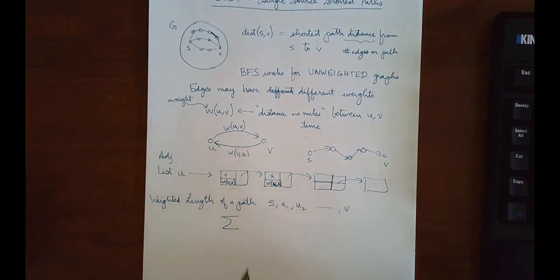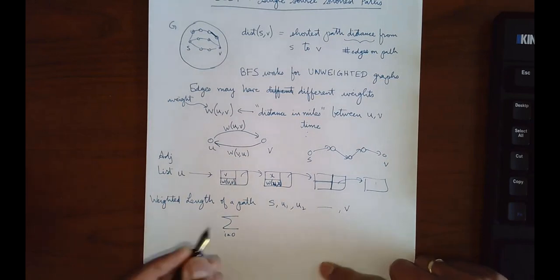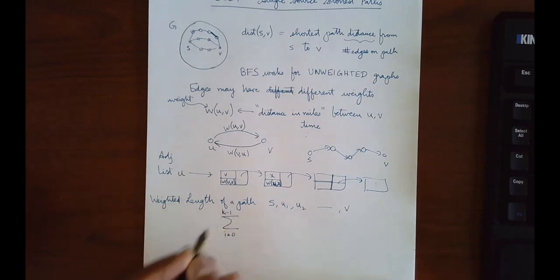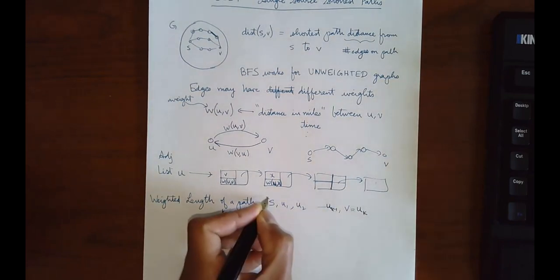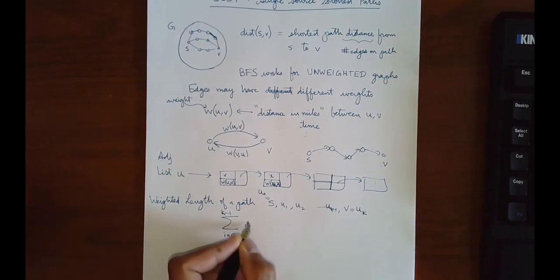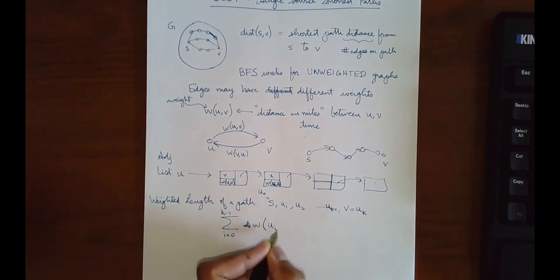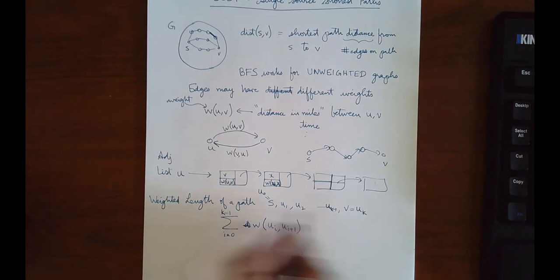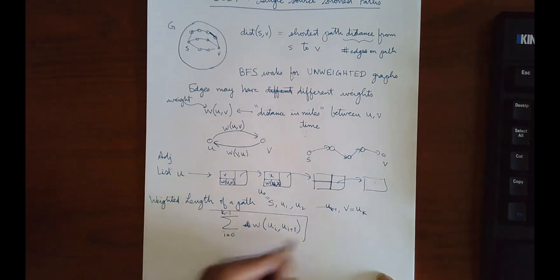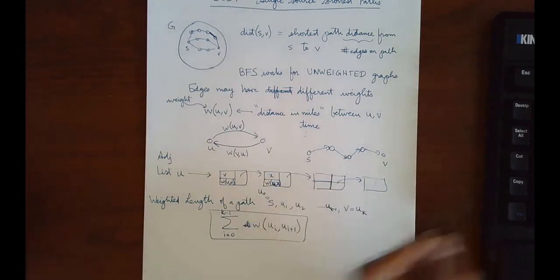This is the sum over all i going from 0 to k minus 1, where I denote the last vertex as uk and the first as u0 just for convenience, of the weight of u_i to u_{i+1}. That's just the sum of all of these weights. That is the length of this path, and then you're trying to find the path of the minimum length. Does this question make sense? Any questions about the problem itself?